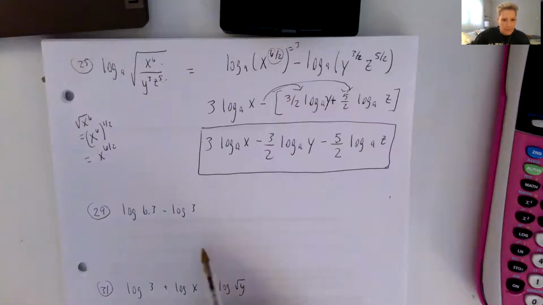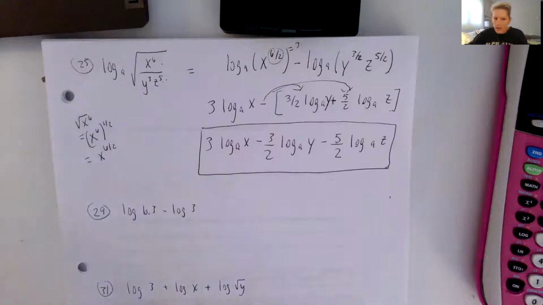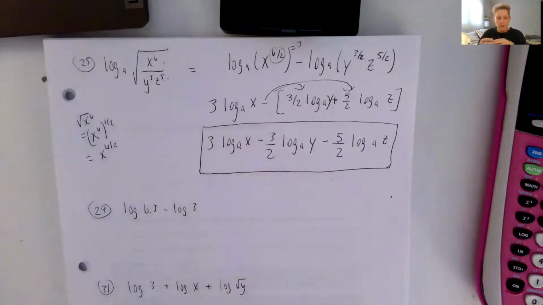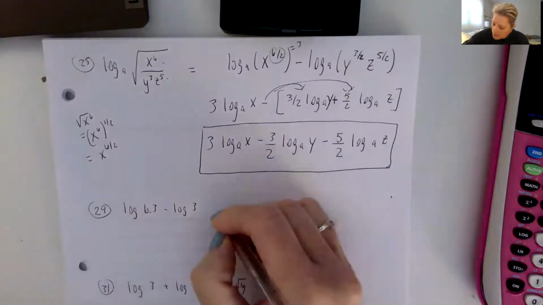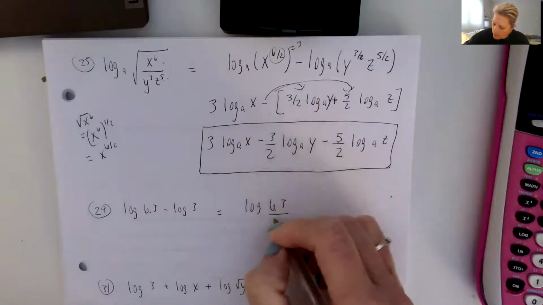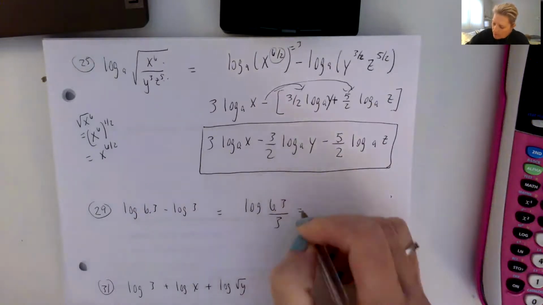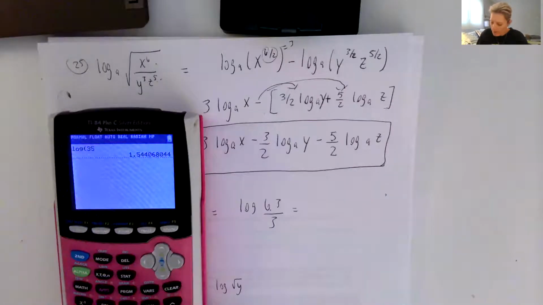29. So 29, the ones from now on, we're going to take the individual logs and put them back together. So we're going to go in the reverse of what we've just done. Because this is a subtraction, this is really a ratio of 6.3 over 3. And we can actually put that one into our calculator and say log of 6.3 divided by 3.